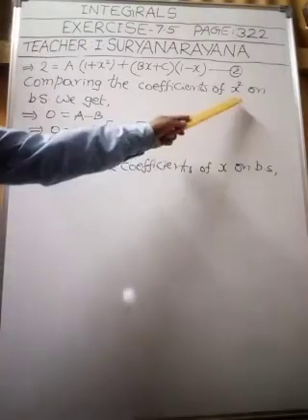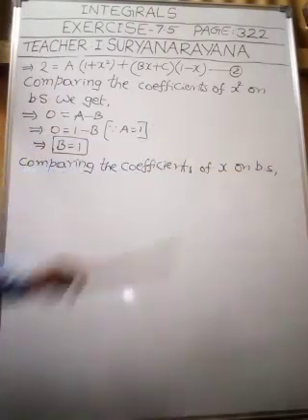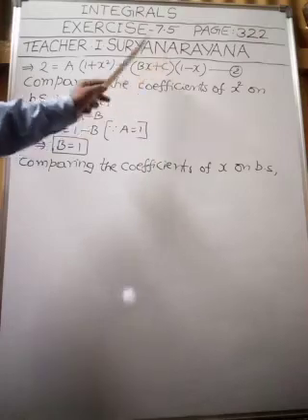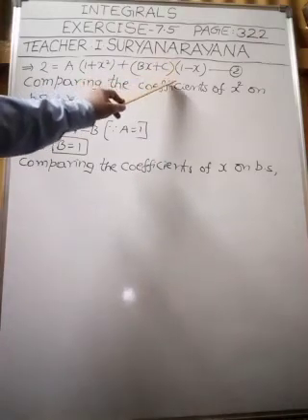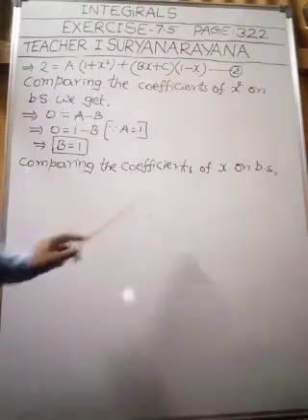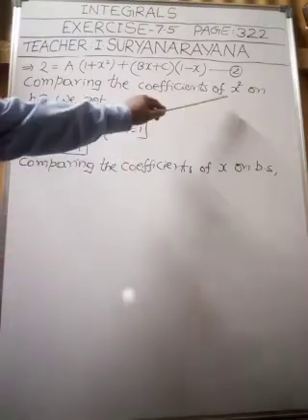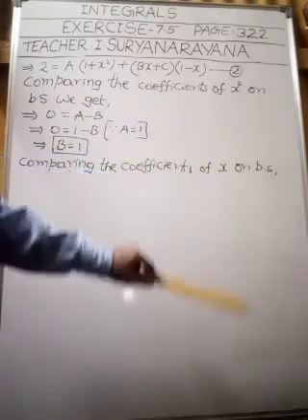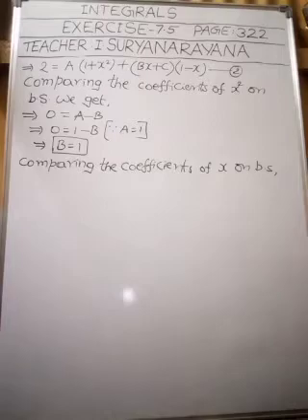After x square, we have to compare x coefficients. After x, if you want to find more values, we have to compare the constants. After x square, x. After the x term, we have to compare constant terms. Okay, my children. In this order, we have to compare the terms on both sides.